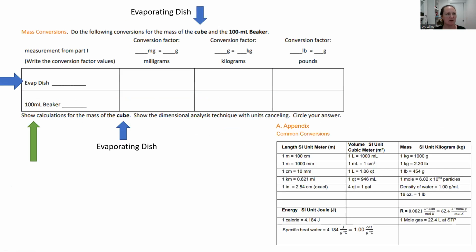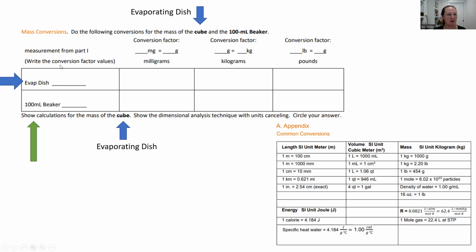And as you continue in the post lab, it starts having you practice mass conversions. It's a little confusing here because in two different places it says to do the cube, and then over here it says the evaporating dish. So we changed the cube to the evaporating dish. Just go ahead and change that verbiage in your lab manual as well.